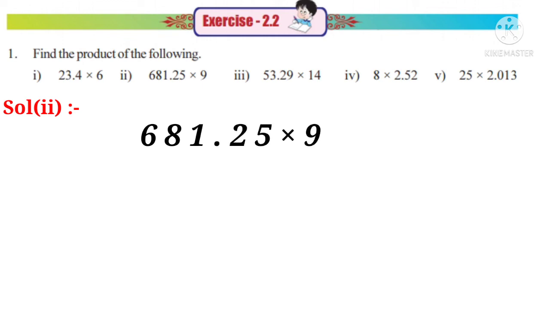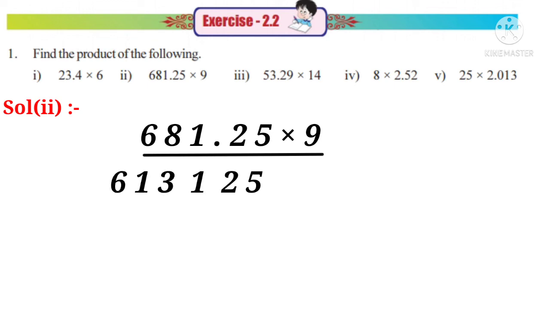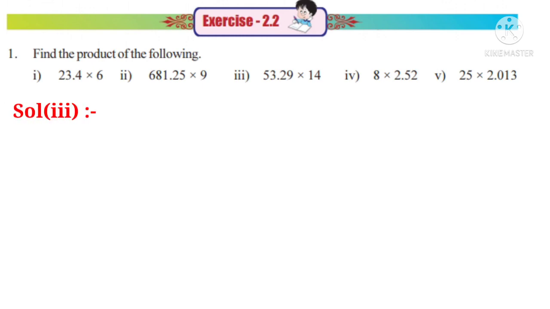By multiplying with 9 we get 6, 1, 3, 1, 2, 5. And observe that there are two decimal places in the first number. So we should put the decimal point in the product counting from right side after two digits, that is 6131.25.